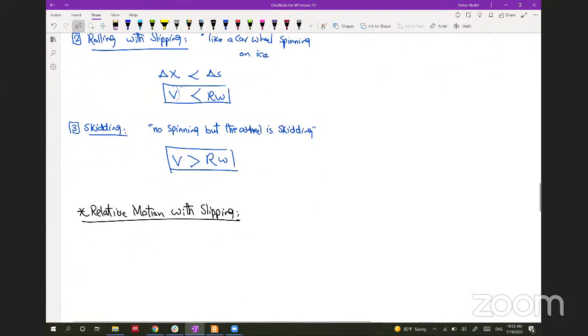Okay. For relative motion with slipping, we have the same equations, but we will add a new term to the equations. From previous, we have VB equal to VA plus VB with respect to A. So this is if there is no slipping.